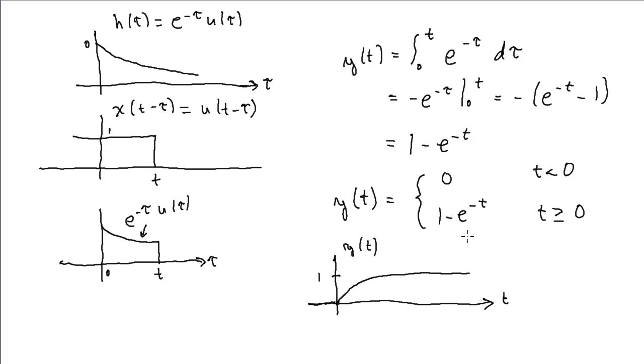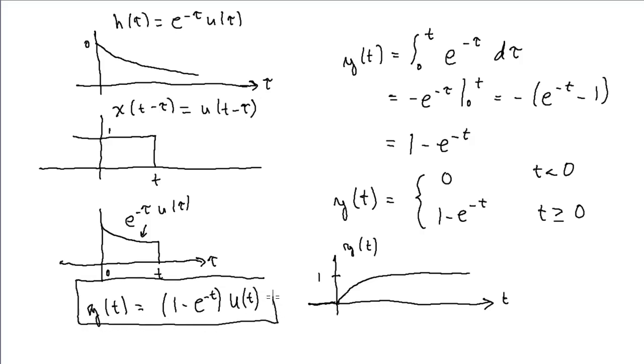Another way to write this is to take advantage of my switching function and use the unit step as a switching function, and I can write a little more concisely in this case that y of t is 1 minus e to the minus t, of course only for t greater than 0. So this is another way to express the output of this particular system. Either of these two forms is acceptable.